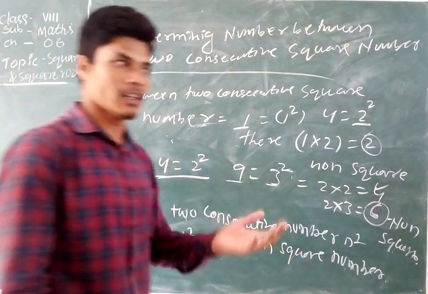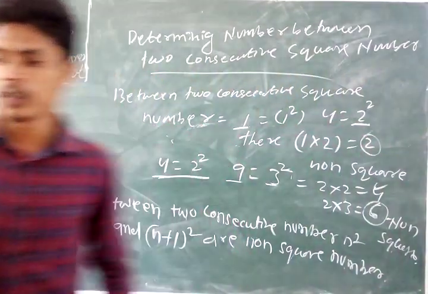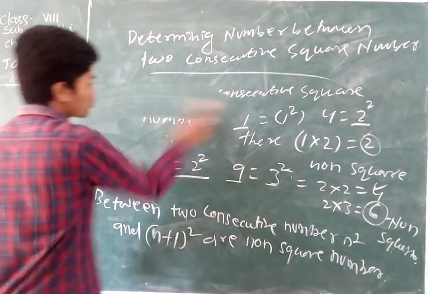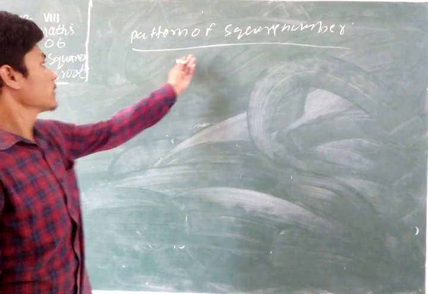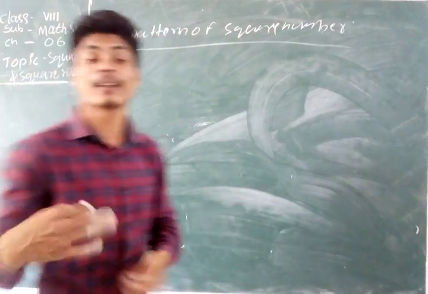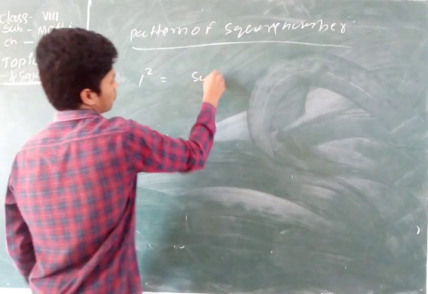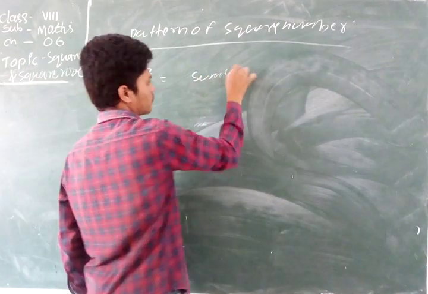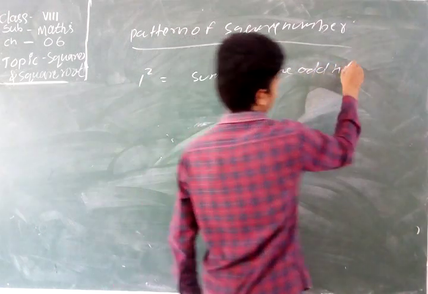Now we learn some patterns. How can we write the square numbers in a pattern? Now we learn the pattern of square numbers. How can we easily write it? 1 square means a sum of one odd number.